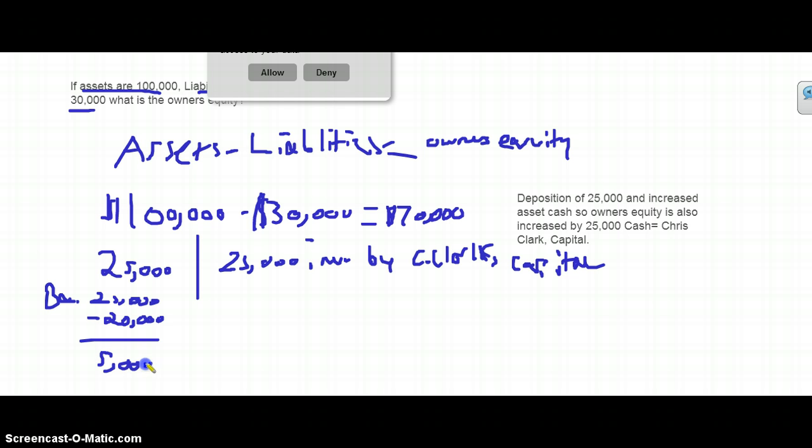Over here on the other side we get the increase of assets, because he acquired more land, 20,000 worth of land.